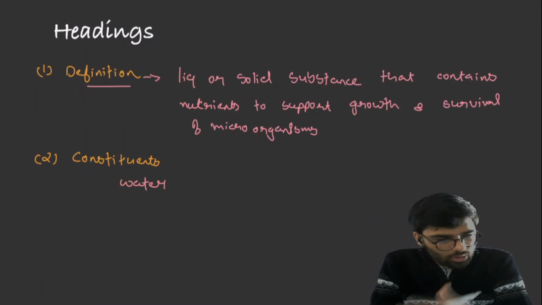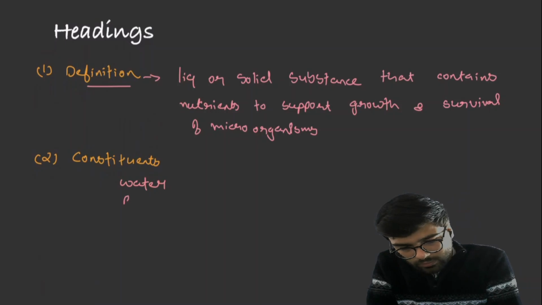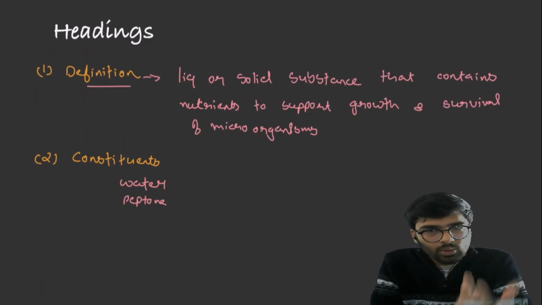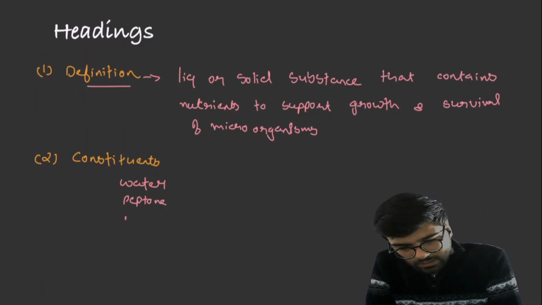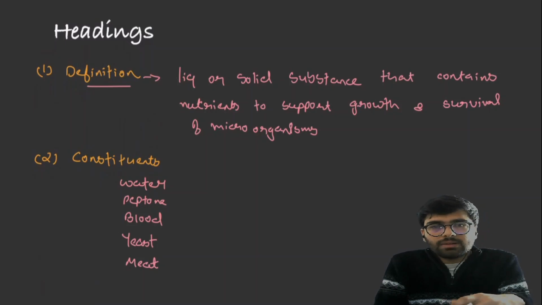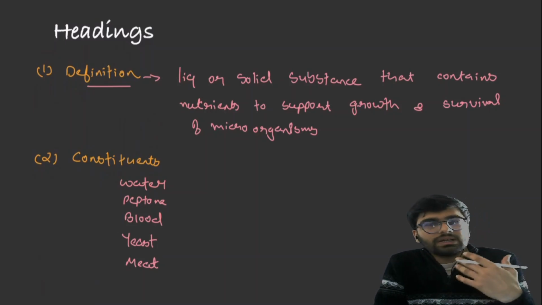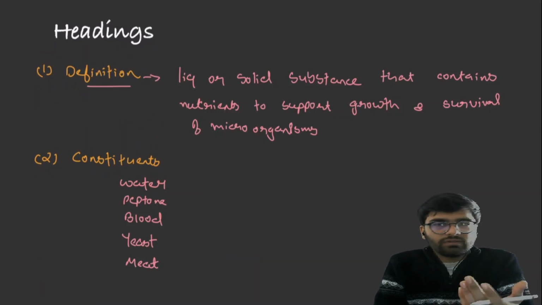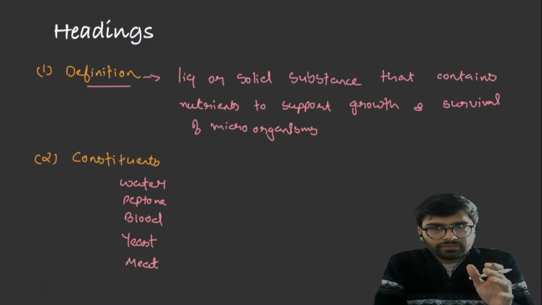Culture media contains water. Then we have peptone. Now, what is peptone? So peptone is partially digested protein. The third one is blood. Then we have yeast. Then we have meat. Okay. So these five constituents are most common. We also have some other things, but the whole bunch of list doesn't have to be remembered.